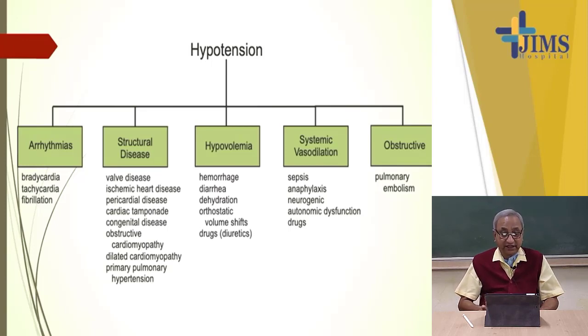Structural diseases like valvular disease in the heart, ischemic heart disease, pericardial disease, cardiac tamponade, where between the heart and its covering there is blood or fluid accumulation which does not let the heart expand and contract to its fullest extent.